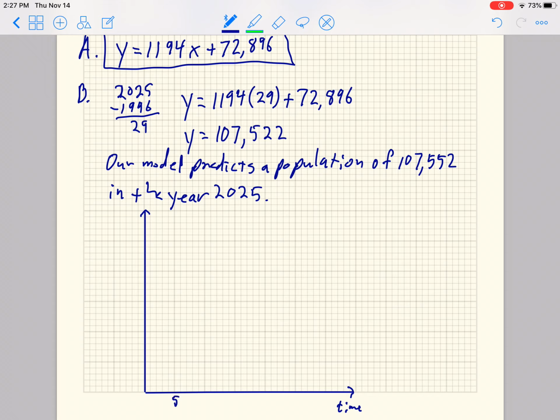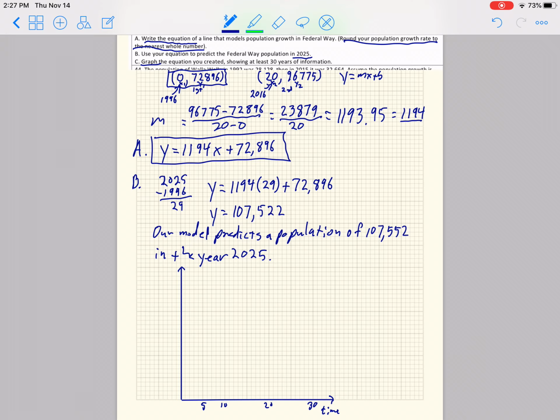And so this is 5 years, 10 years, 20 years, 30 years. And then my y-axis, I know that I need to show past 107,000 because that was 2025. That was 29 years after, so that's almost 30. So probably if I go to 120,000, I should be safe. So how many do I have here? I've got 5, 10, 15, 20, 25, 30 that I'm showing.